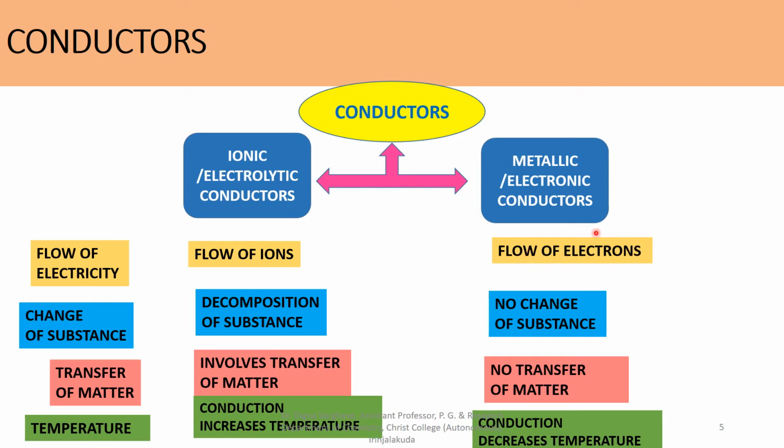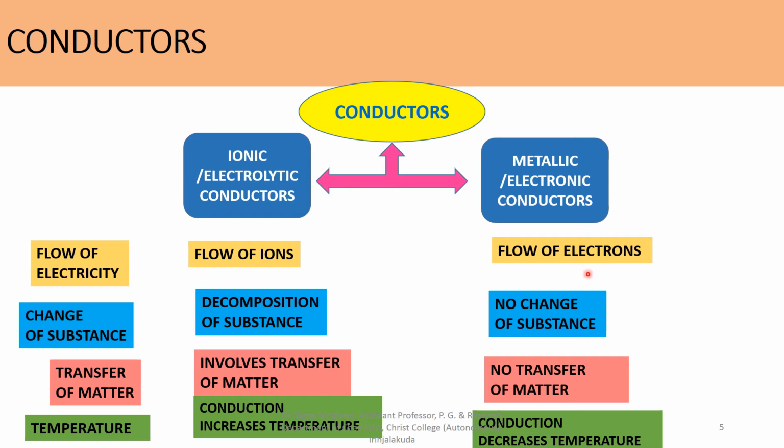In metallic conductors, the electricity flows by the flow of electrons. When the temperature increases, the vibrational motion also increases. As the vibrational motion increases, the electrons undergo random movement.